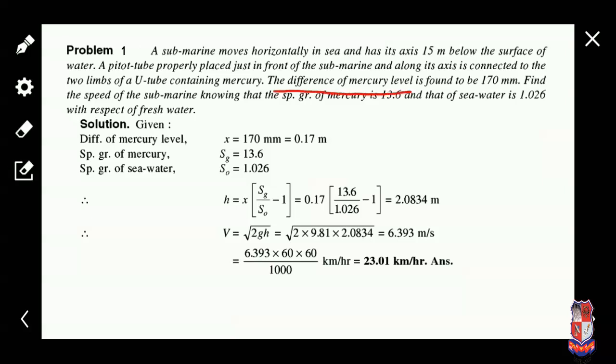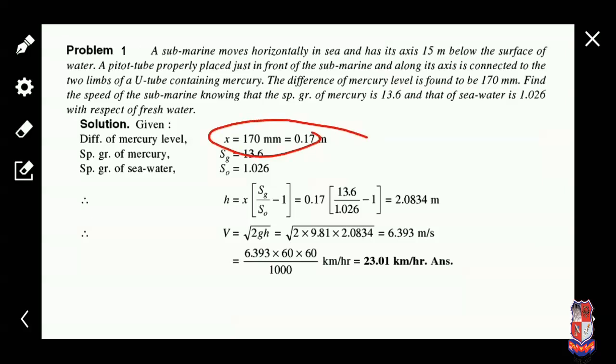The difference of mercury level is found to be 170 mm. Find the speed of the submarine, knowing that the specific gravity of mercury is 13.6 and that of seawater is 1.026 with respect to fresh water. The specific gravities of seawater and mercury are given.